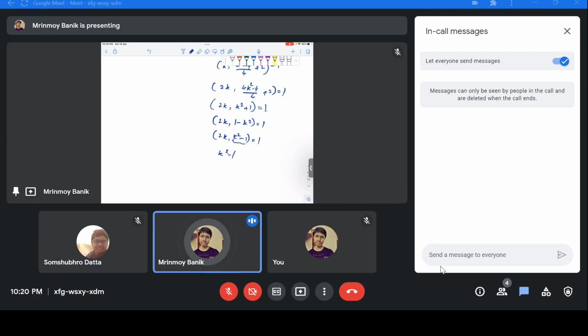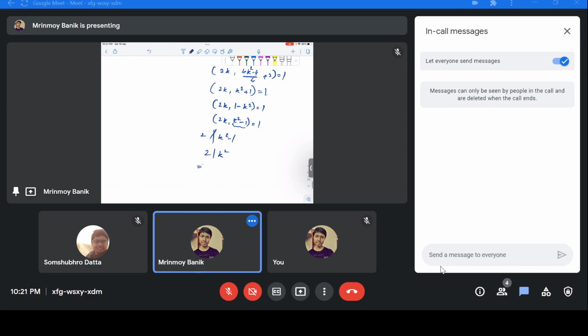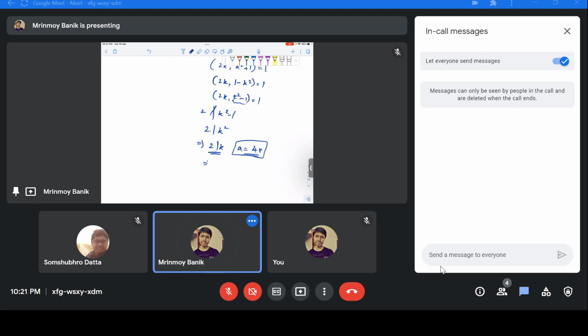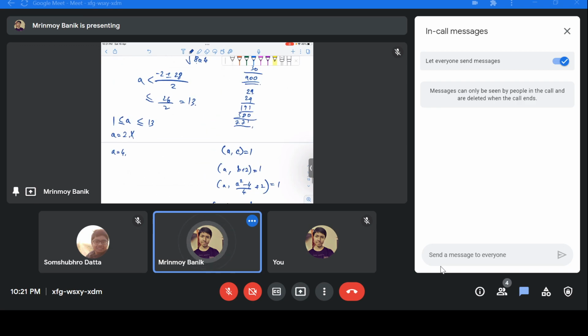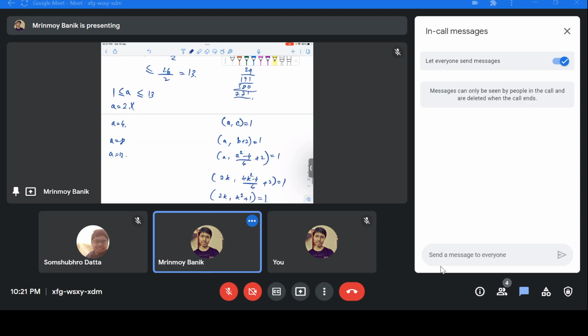So 2 doesn't divide k squared minus 1, so 2 divides k squared. That implies 2 divides k. That's what shows A is of the form 4k, I mean, change it to 4r. That's why I said I had proved that 4 divides A. So now we just need to check for 4, 8, and 12. So 4 is crossed since the GCD of A and C is coming as 1.